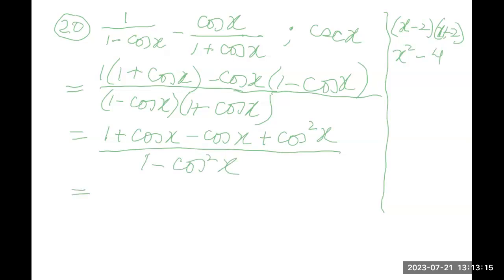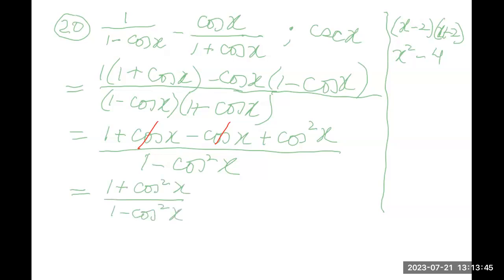And in the numerator, you can cancel the 2 cosine x's. And so you're left with 1 plus cosine square x over 1 minus cosine square x.